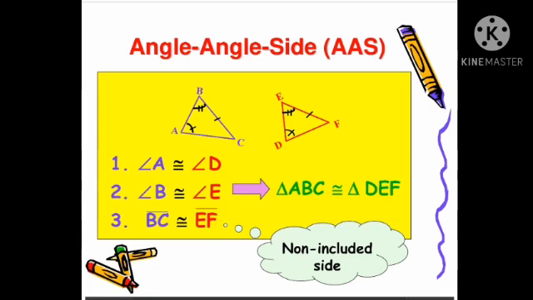According to AAS, these two triangles are congruent because angle A is congruent to angle D, angle B is congruent to angle E, and BC is congruent to EF. Observe here, this side is called the non-included side because it does not lie between the two pairs of angles, that is angle A and angle D, angle B and angle E.